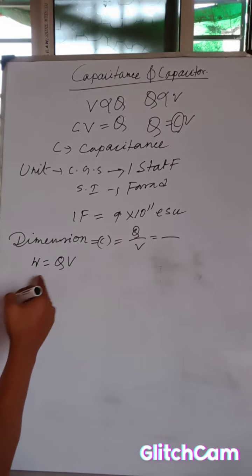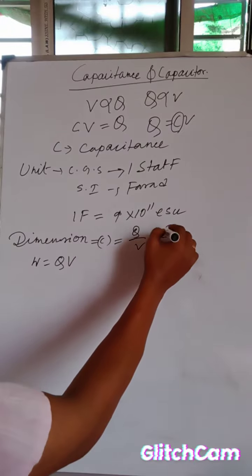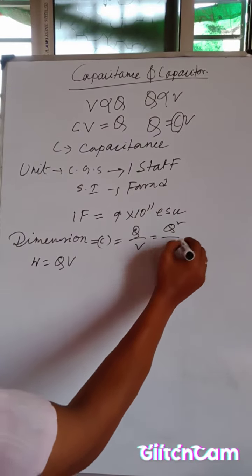So C becomes Q square by W. The dimension of Q square is I square T square, and the dimension of work done W is M L square T minus 2. So we get M minus 1, L minus 2, T 4, I square. That is the dimension of C.